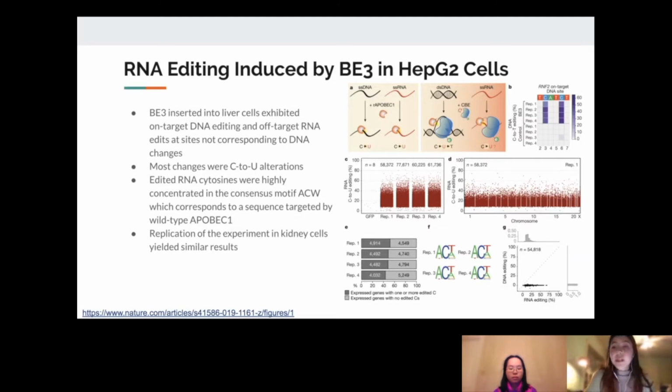So the first thing that we want to see is if this BE3 is able to target the RNF2 site and produce edits there efficiently. In order to test this, if we look at B on this side, we have the BE3 represented on top, and we have the control on the bottom, that's BE3 minus the R-ApoB-C. As you can see, these areas with the purple represent areas where the C to U transition took place.